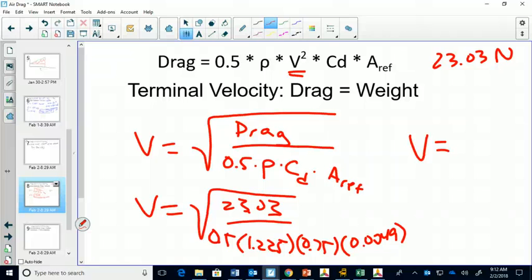0.75, yep, that's my CD, my drag coefficient. And 0.0049. 101. Okay. Let's see if anybody's got a different answer than that.